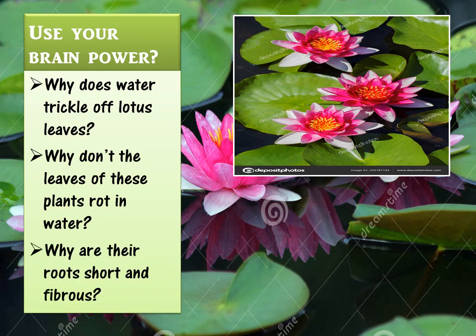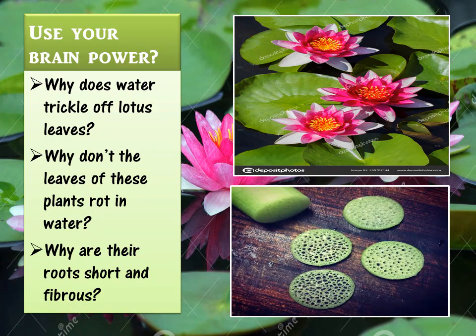Next, why are their roots short and fibrous? The main functions of roots are to hold the plant firmly and to absorb water and minerals for the plants. Both of these functions are not needed for plants like lotus, which float on the water. Therefore, their roots are short and fibrous.